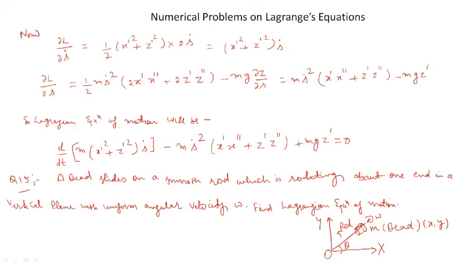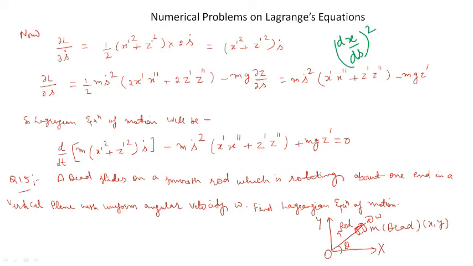Here because x dash can be written as dx over ds, x dash square will be written as dx over ds whole square.